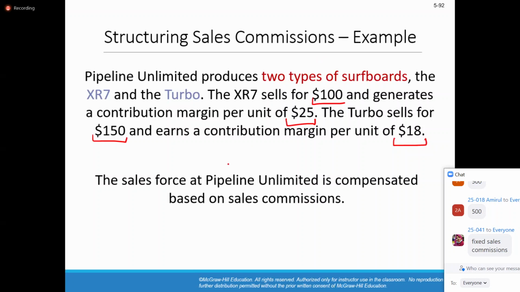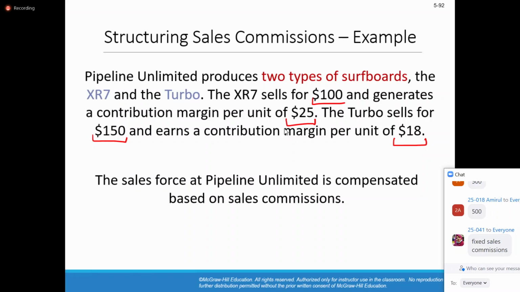The question to you is: will the salespeople be more interested in selling the XR7 surfboard or the Turbo surfboard, given the sales price per unit and the contribution margin per unit, and the sales commission is given as a percentage of sales value?